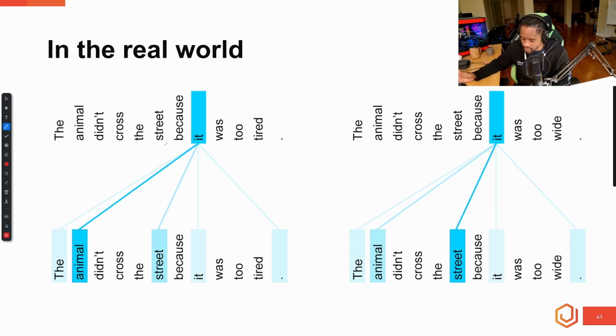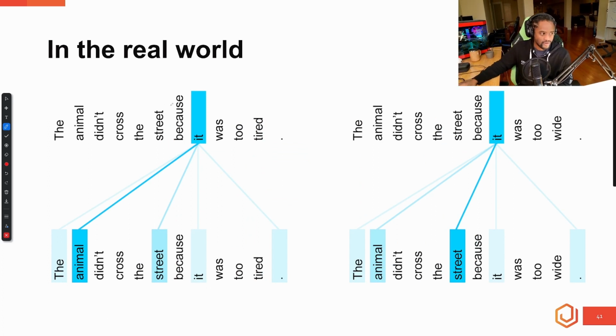Here's another view of the same thing, trained. This is like the two layers I was talking about. For each word, you'll have a different distribution on how it should pay attention to the other words. For instance, in "The animal didn't cross the street because it was too tired," it really should be paying attention to animal. That's the strongest link.